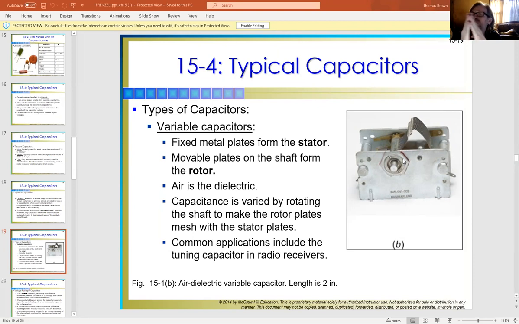But there is, even between my fingers right now, there's still air there. My fingers aren't fused, right? So that's how they look at that. You have the dielectric material separated just by air and not by an actual material in this case. So you'll see these, and common applications in these cases are the tuning cap in radio receivers.